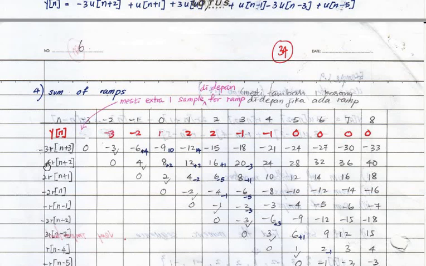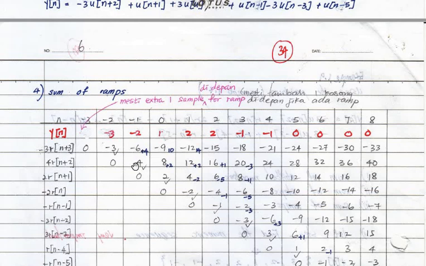So the amplitude should be 4. 4 is positive, right? So 4 ramp n plus 2. Okay, because you must start with location n equal to minus 2. So n plus 2. So each increment is 4. So 0, 4, 8, 12, 16, and so on, up to the sample limit.